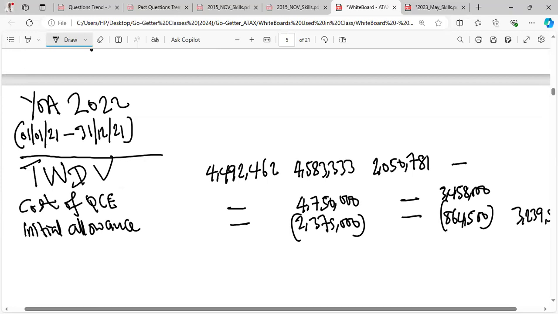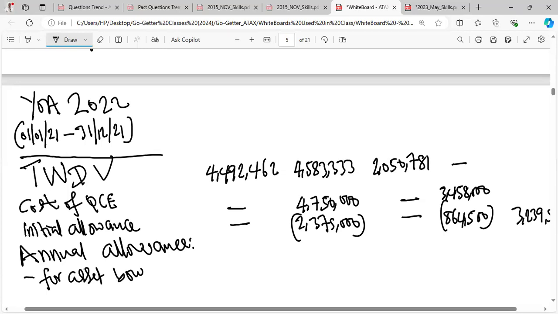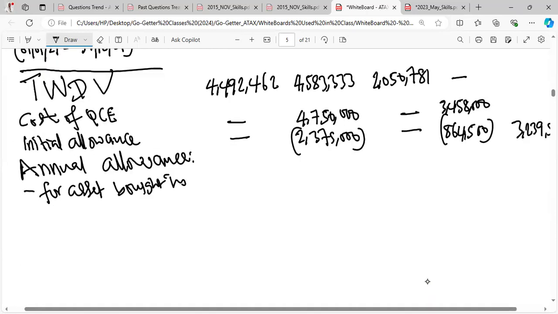Now our annual allowance will be in two phases. Annual allowance, you will say, for assets bought in year of assessment 2022.